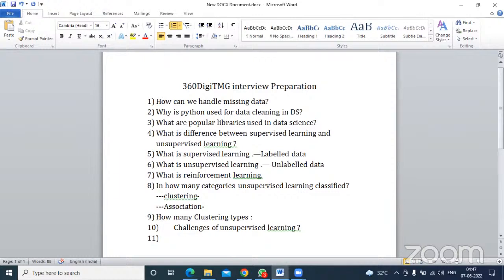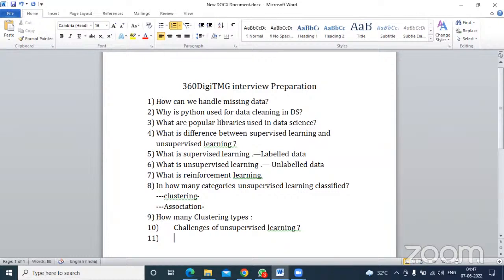So now I'm going to ask you one question. What are the applications of unsupervised learning? Now, where are we going to use unsupervised learning? We all got an idea about unsupervised learning, all the challenges and what unsupervised learning is, and how it is going to work. Now, please, applications.